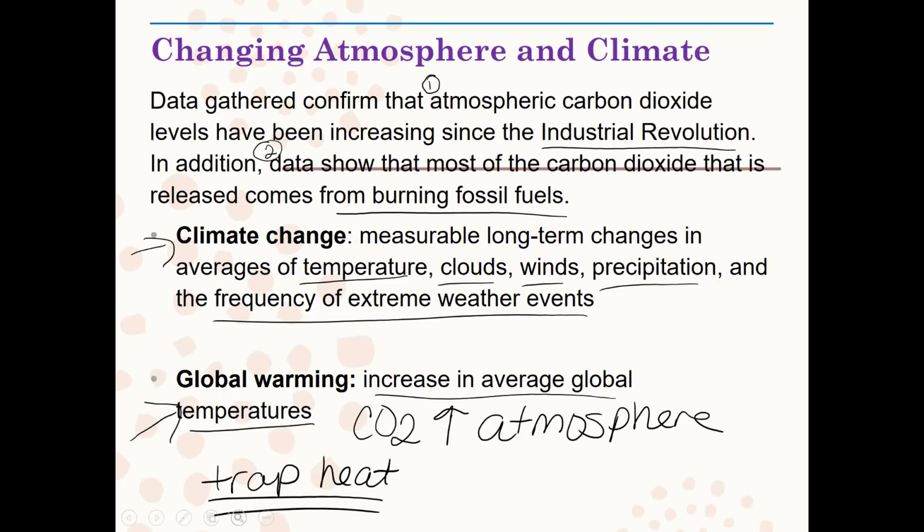And as they trap the heat, that causes global warming. It causes an increase in temperatures across the biosphere, across the atmosphere. So as we have more greenhouse gases, such as CO2, that is going to trap more and more of the heat instead of letting it go back out of the atmosphere. Instead, it traps it and causes an increase in overall temperature.